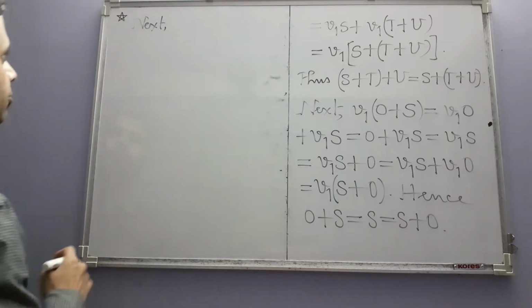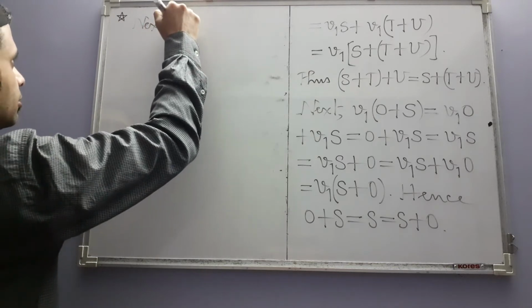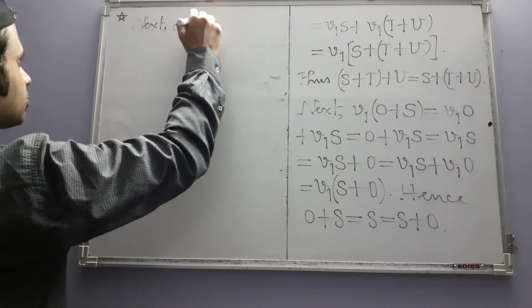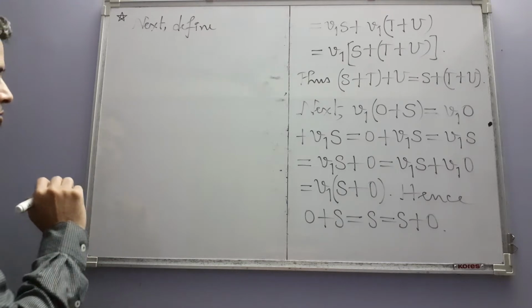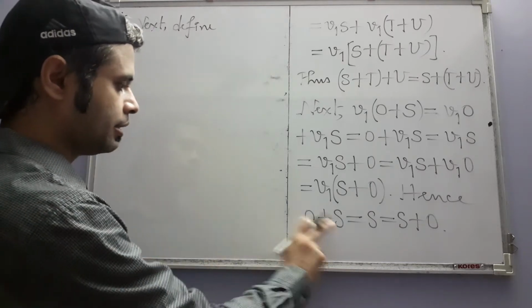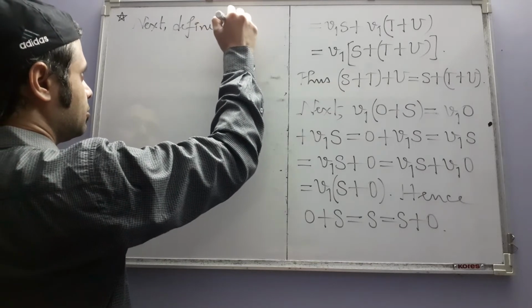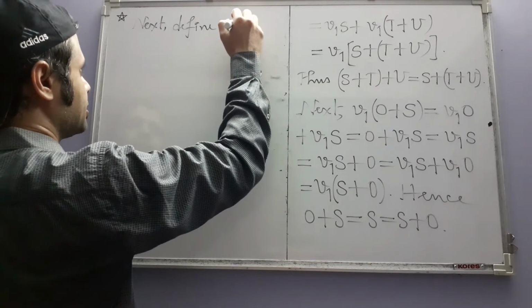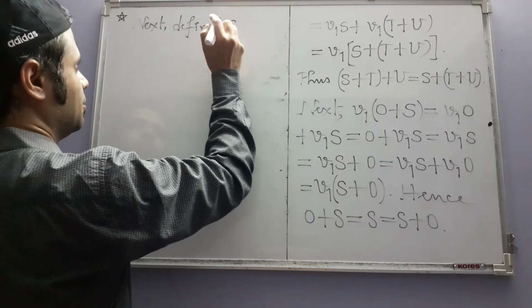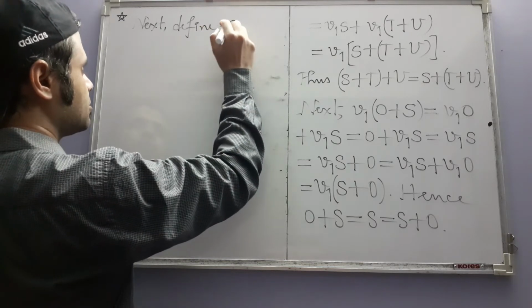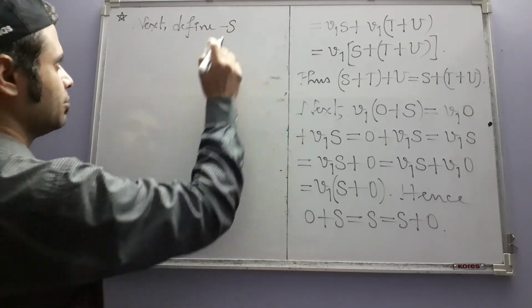Okay, next we are going to define a function which will be an inverse of S, and because of that reason we use a symbol like this, minus S, which you just have to remember is a name given to a function.